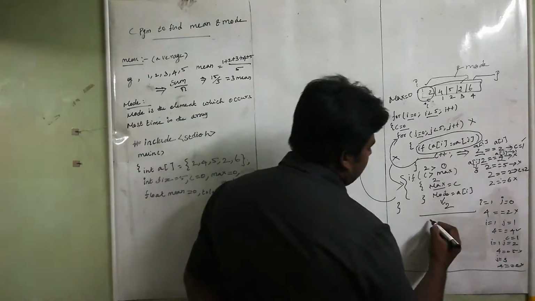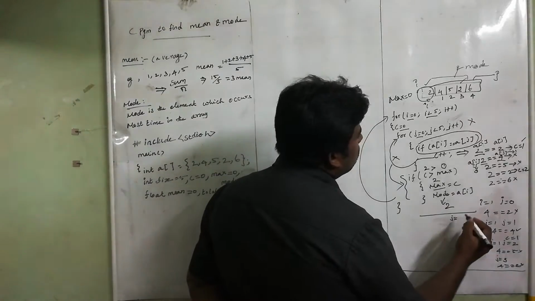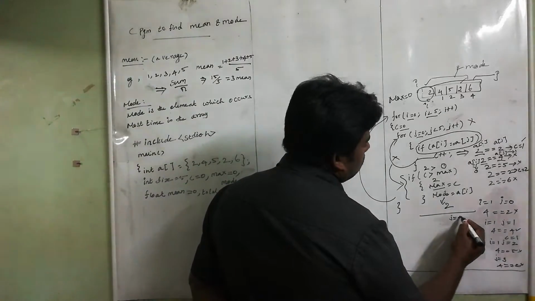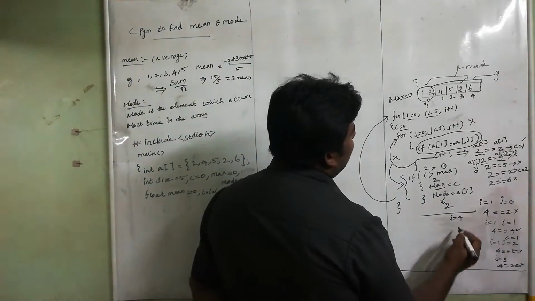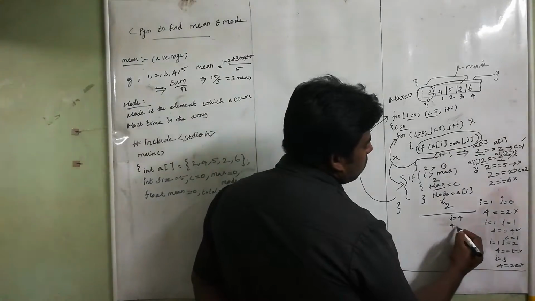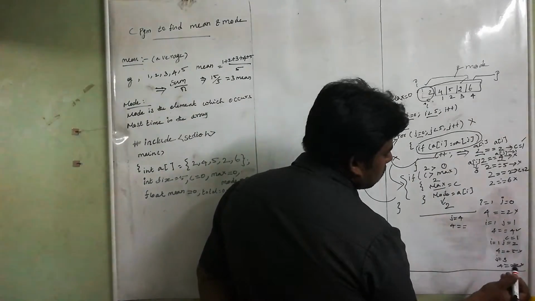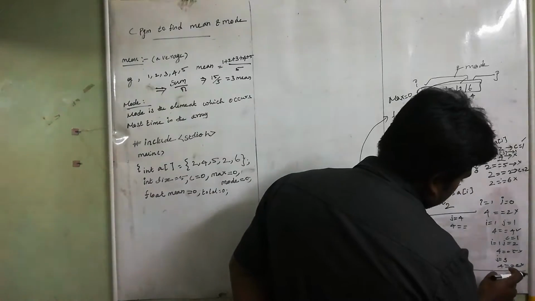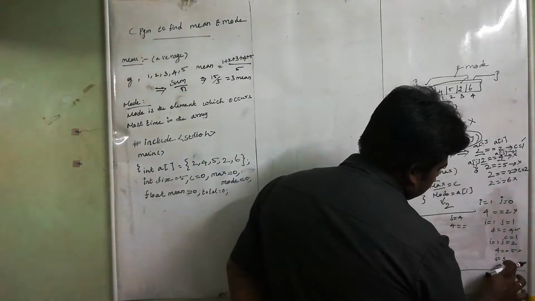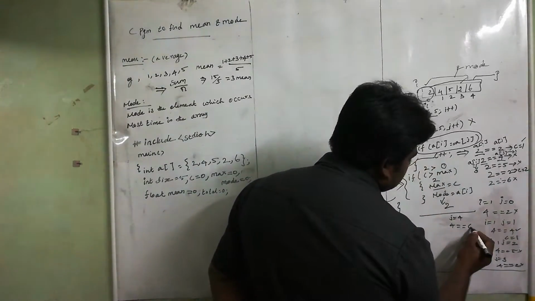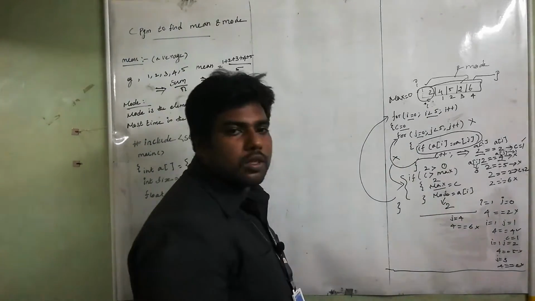Okay. Again j equal to 4. So what's the I value? I value is 1. So 4 equal to this is 2, right? Okay. 6. Again condition false. All of you understood?